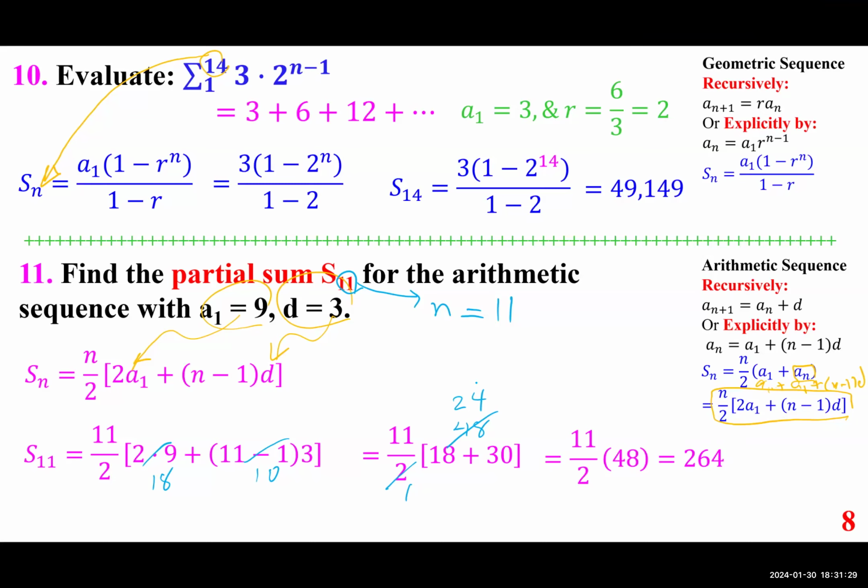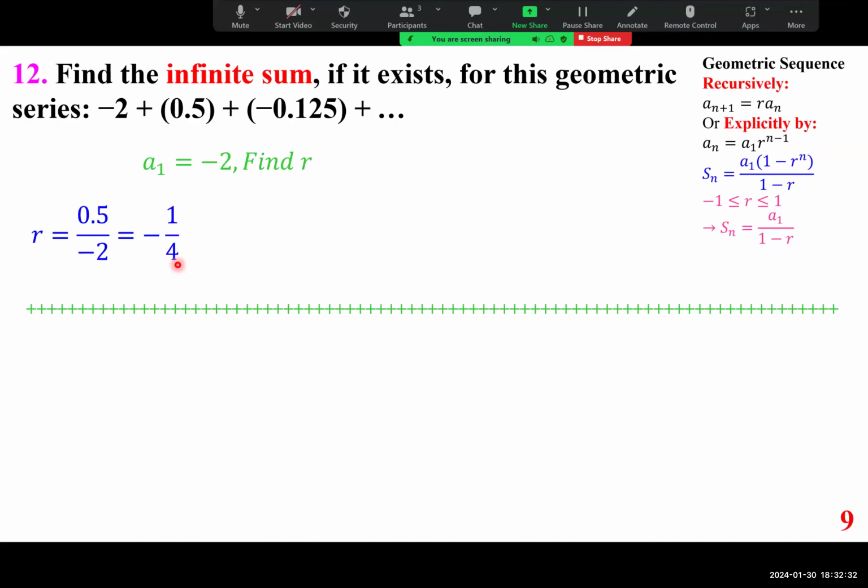And because this number is between these two, we are going to use this formula, which means S in this case is a sub 1 over 1 minus r, which is -1/4. So we're going to use this formula, and this is what we are going to get.